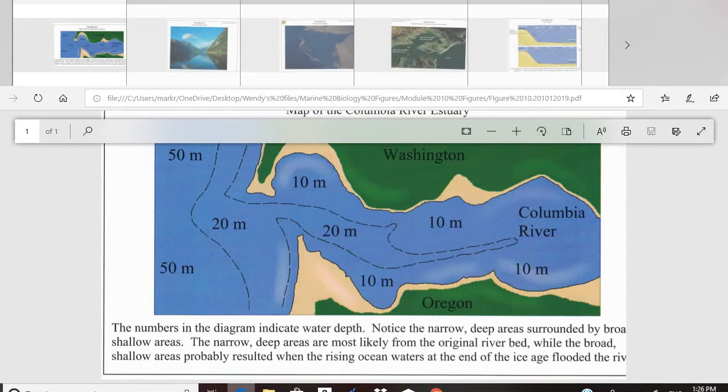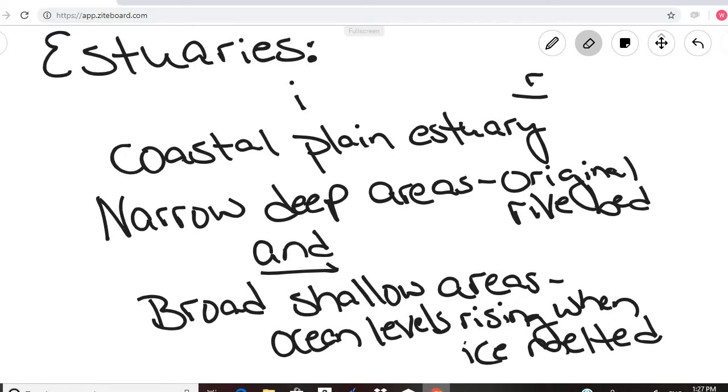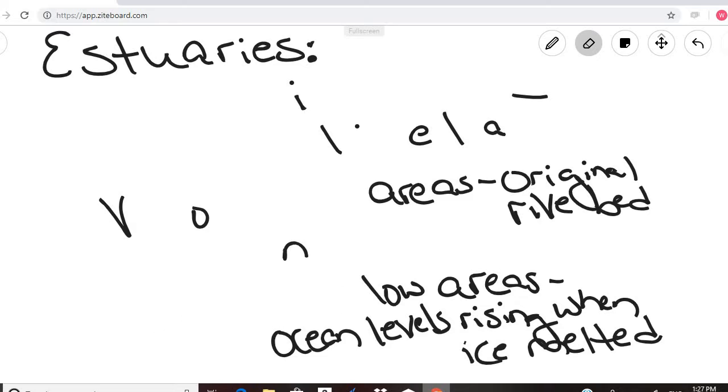The narrow, deep areas would most likely be due to the original riverbed, and the shallow areas would have been a result of the melting of ice that took place when the Ice Age ended. Okay, so that's the drowned river estuary. That's one type of estuary.